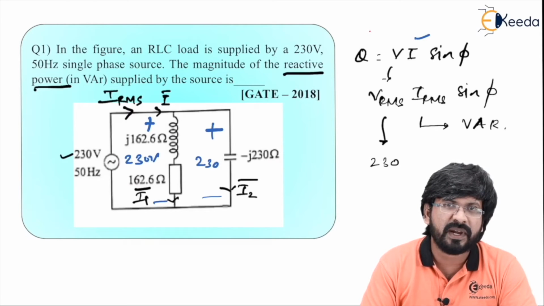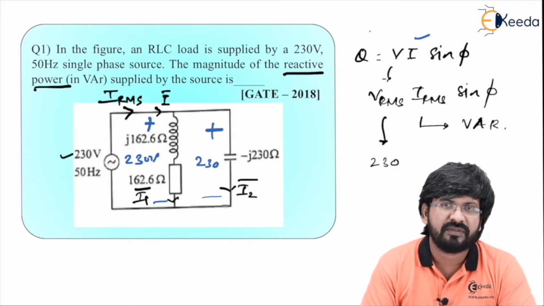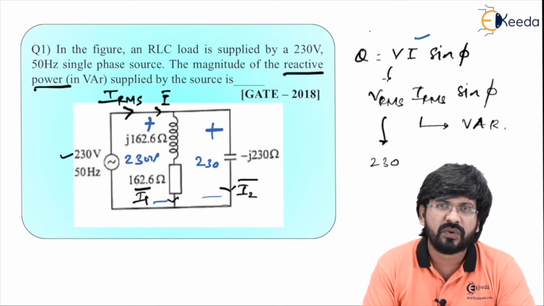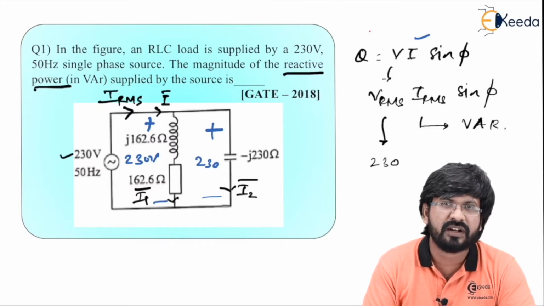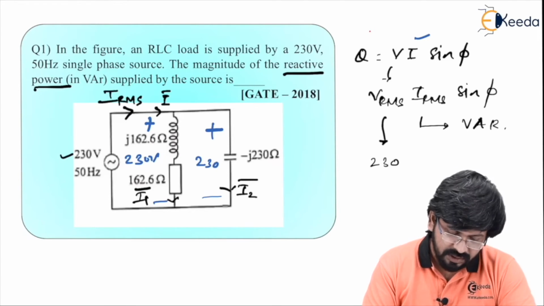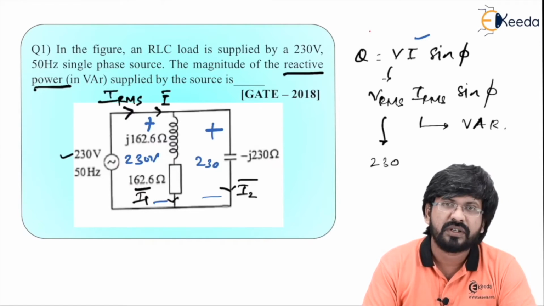So you should also know by concept that phi is nothing but, when it is called as impedance angle, it is as good as phase difference between voltage and current. So we knew voltage, we knew current in polar form, so we knew their phases also. So just take a difference of them and get phi value, and this is how you should actually solve the problem. Let's move to the next question now.